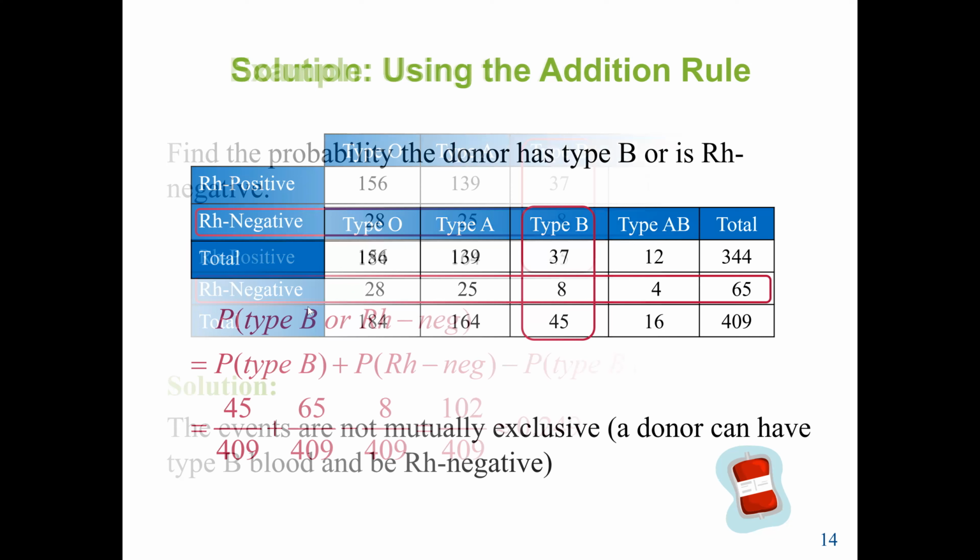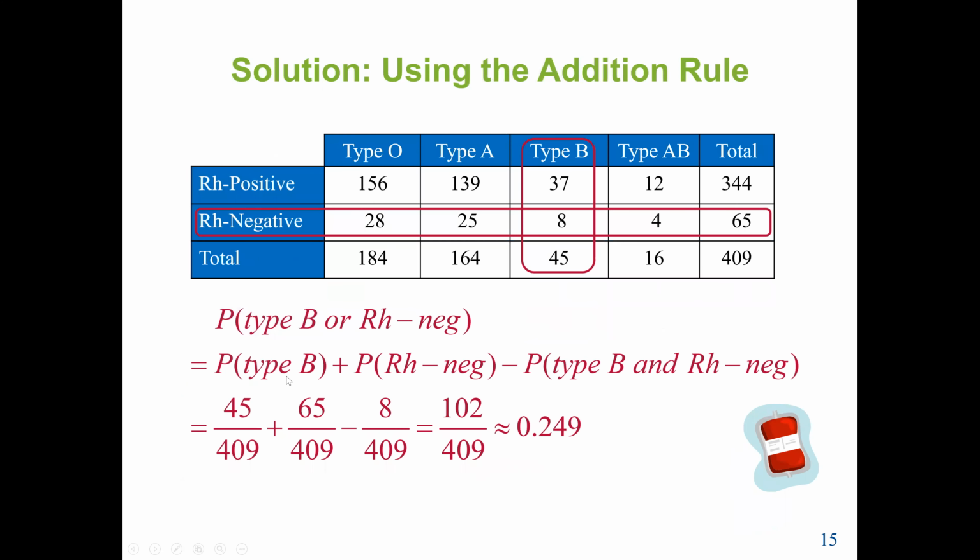So this means we have to use the formula: probability of type B plus probability of Rh negative minus probability of type B and Rh negative. Because again, it's not mutually exclusive, so we have to subtract the probability that the two events will occur at the same time.